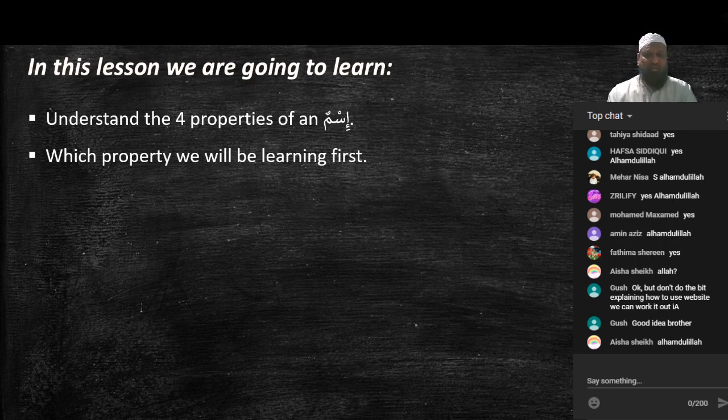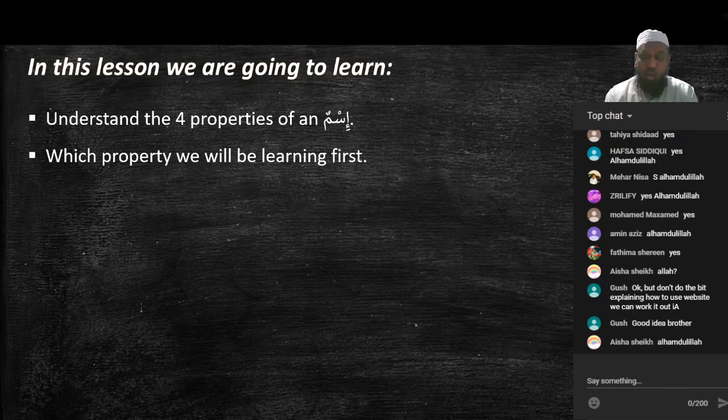In this lesson, we are going to understand the 4 properties of an ism. Which property will we be learning first? In the previous lesson, lesson number 1, we learned kalima, the plural is kalimat.